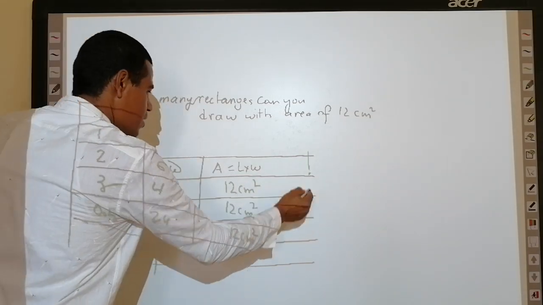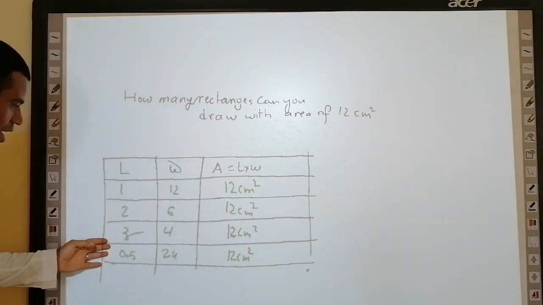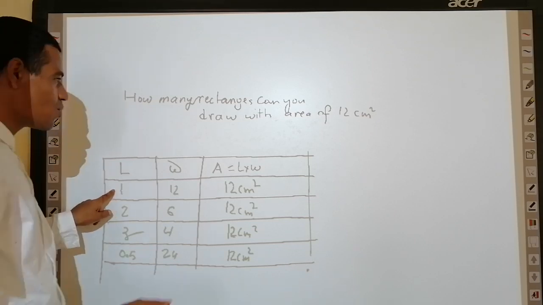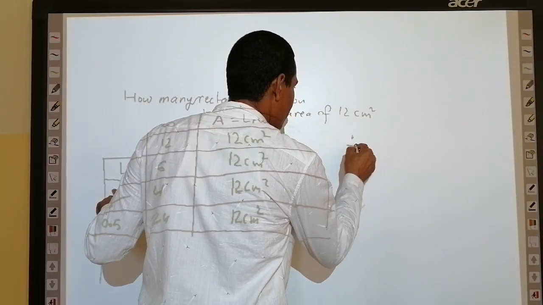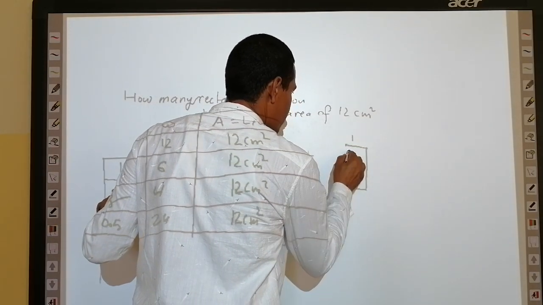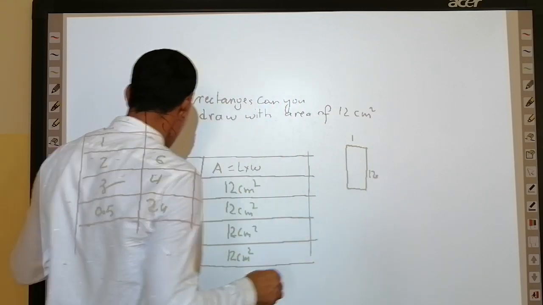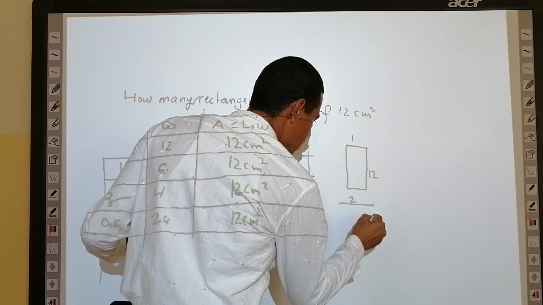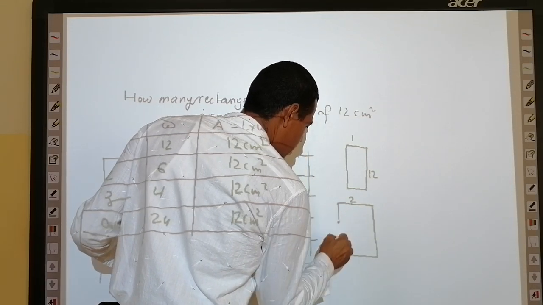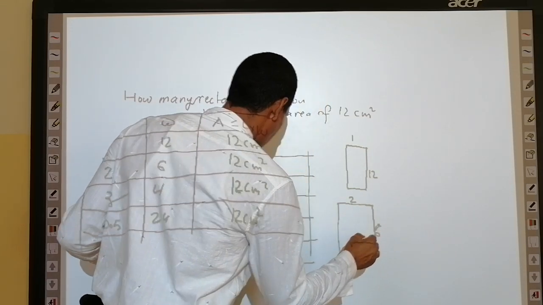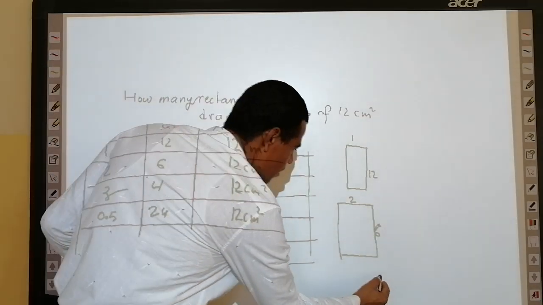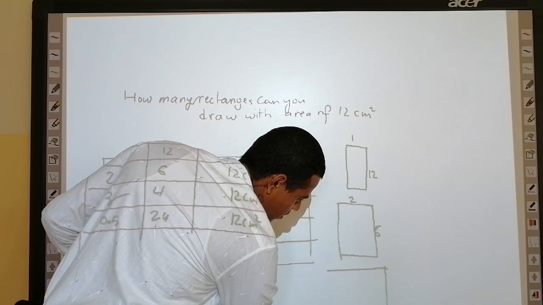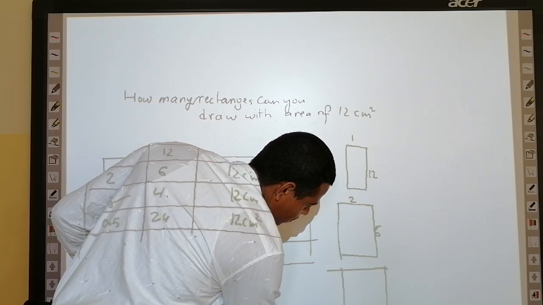These are 4 rectangles that have the same area. Means what? 1, 12. This is 1, my learners, and this is 12. The second one, 2, 6, means this is 2, this is 6. The third one, 3, 4, means this is 3, and this one is 4.